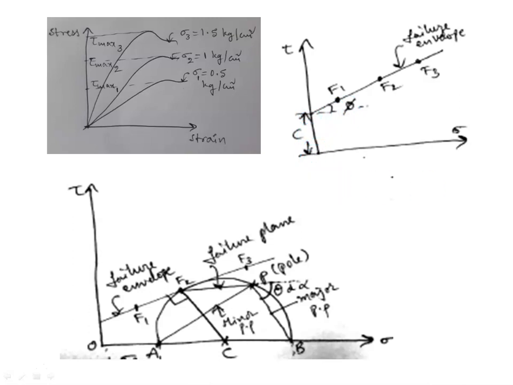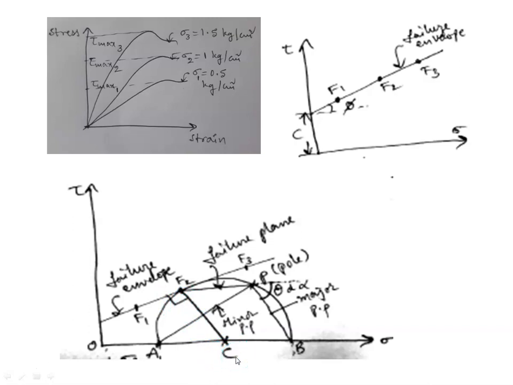Now we can plot the Mohr circle also corresponding to any failure point. If we take any one failure point, say it is point F2, then from this point we can draw a perpendicular from the failure envelope. Draw a perpendicular onto the x-axis. Then this point represents the center of Mohr circle.